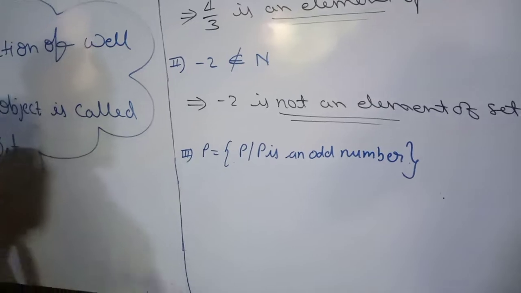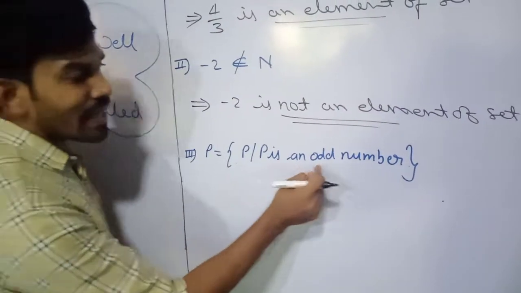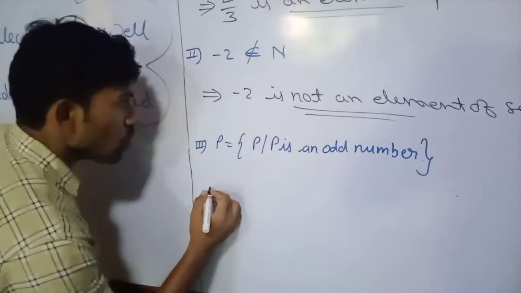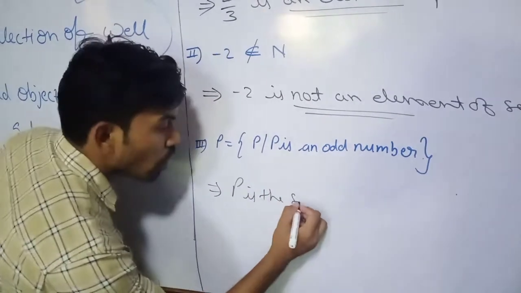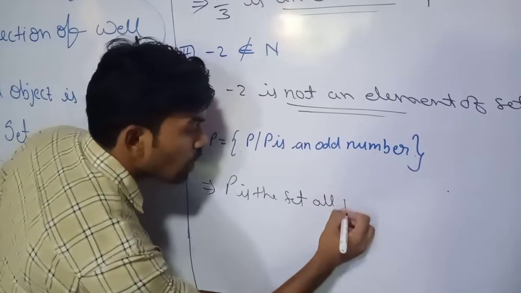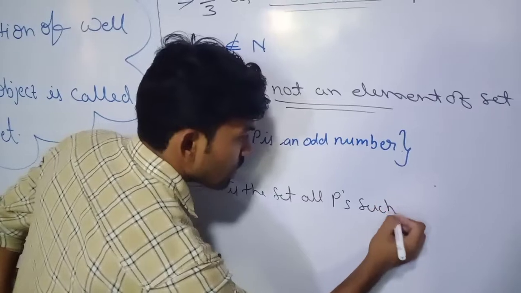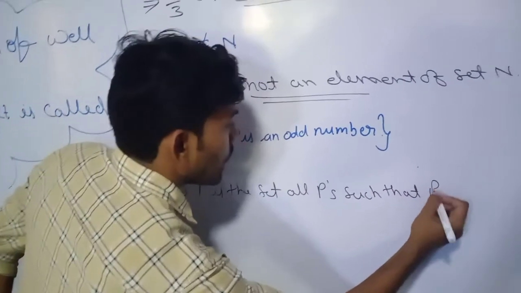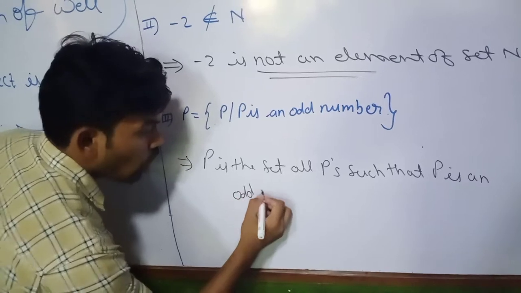The next one, P is equal to, in curly brackets, P such that P is an odd number. So P is the set of all P's such that P is an odd number.